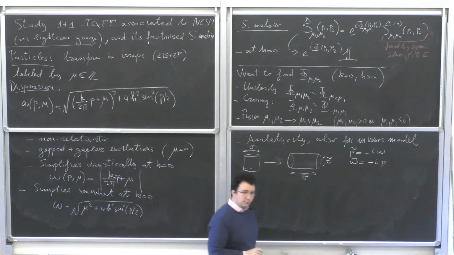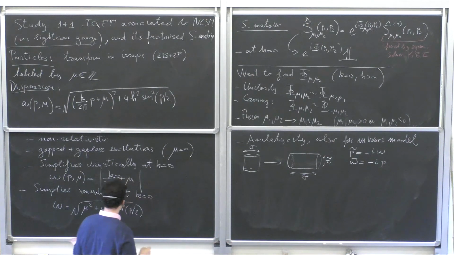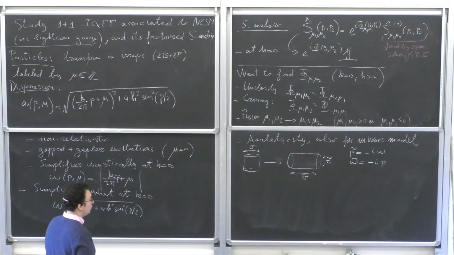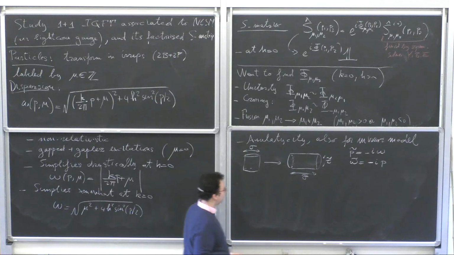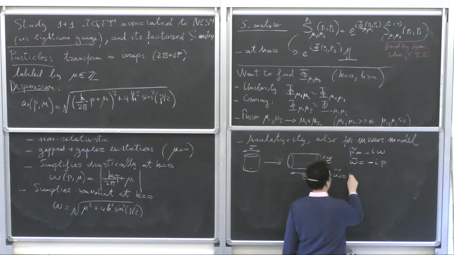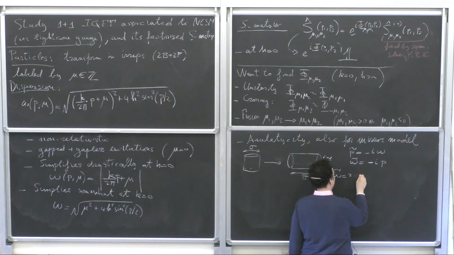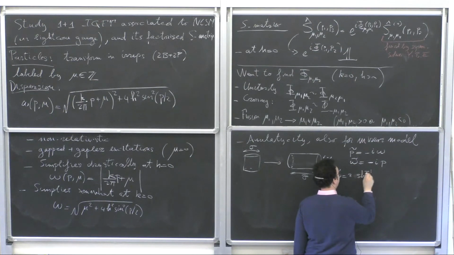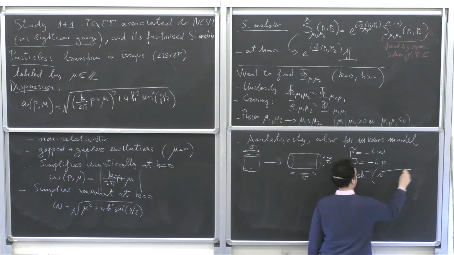For a relativistic model, that's absolutely fine, gives you back the same stuff, because you have omega squared is p squared plus mu squared. So all of this works fine. Here you find that the new model has a funny dispersion relation, which involves the inverse sinh.